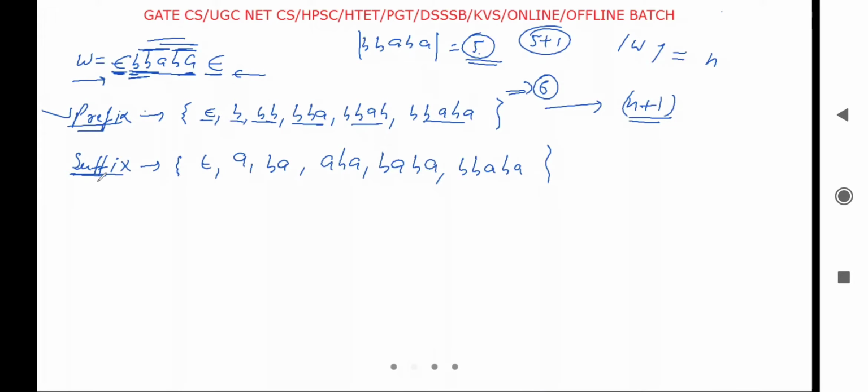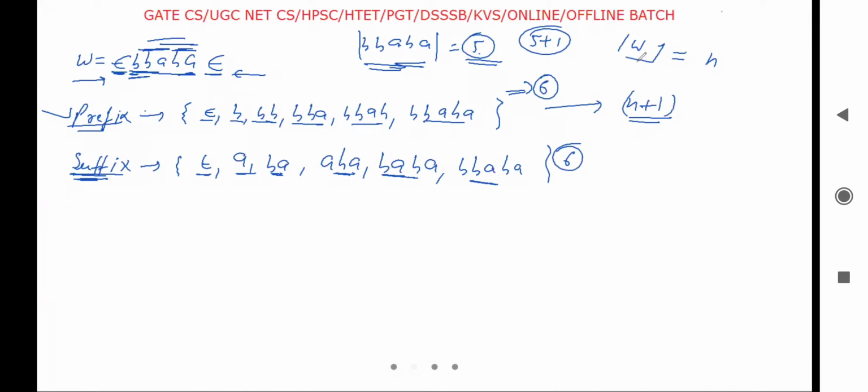Next thing, what about suffix? Here the length of this one is 5, then suffixes are 1 2 3 4 5 and 6. So 6 means it is 5 plus 1 again. If the length of this one is 5, then it is 5 plus 1, 6.